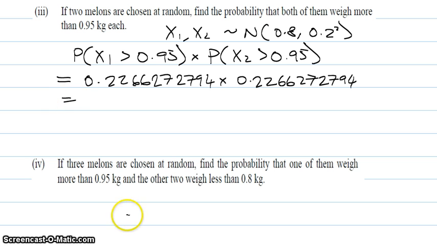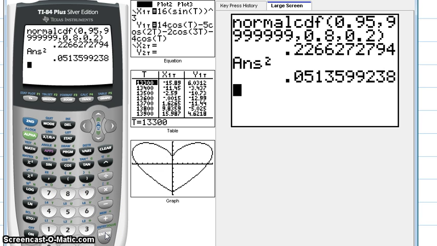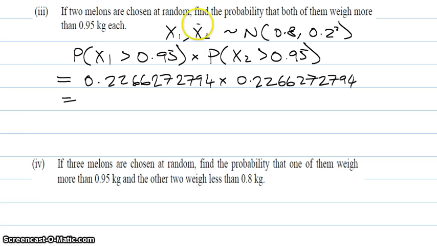And that's going to be equal to, so I'm just going to square that, 0.051359, or 0.0514 to 3SF.